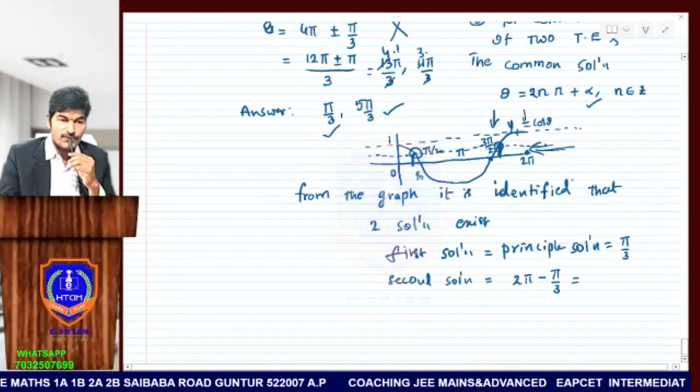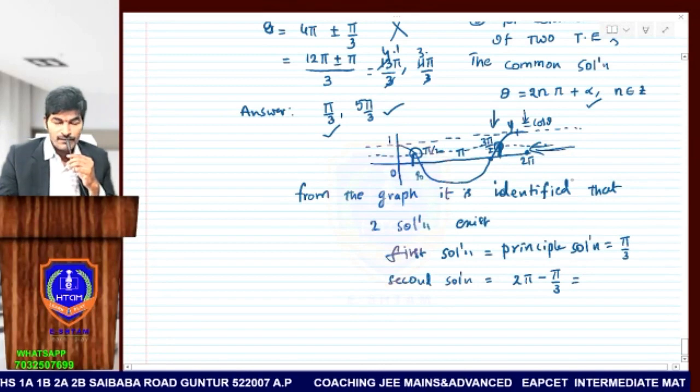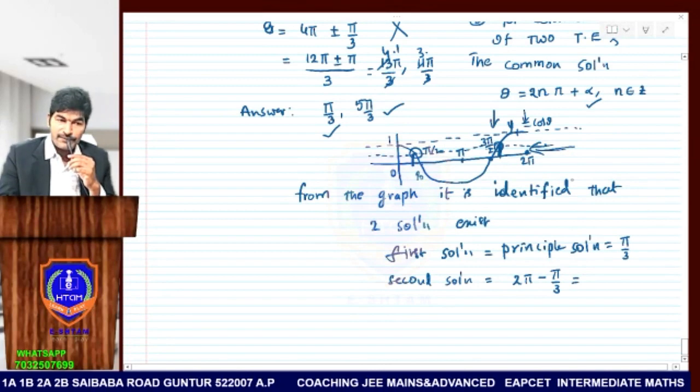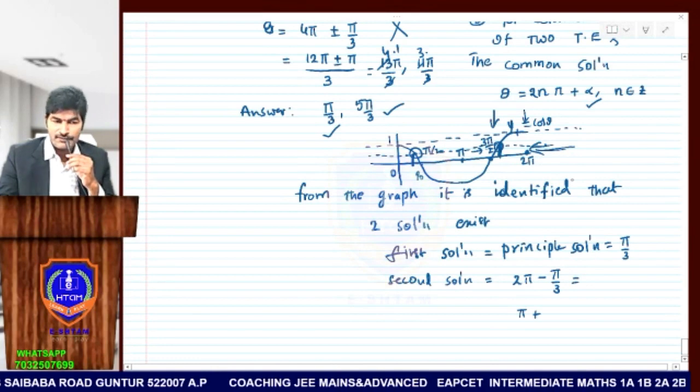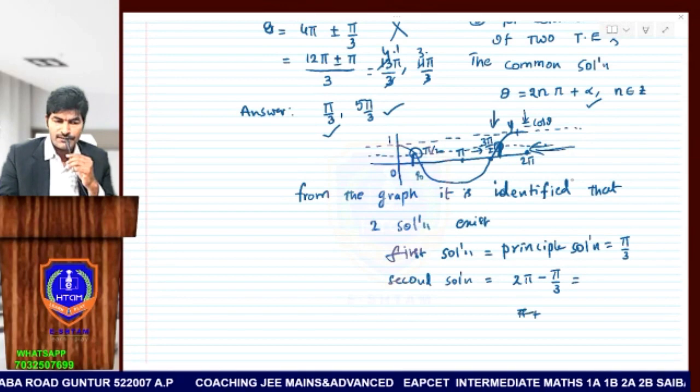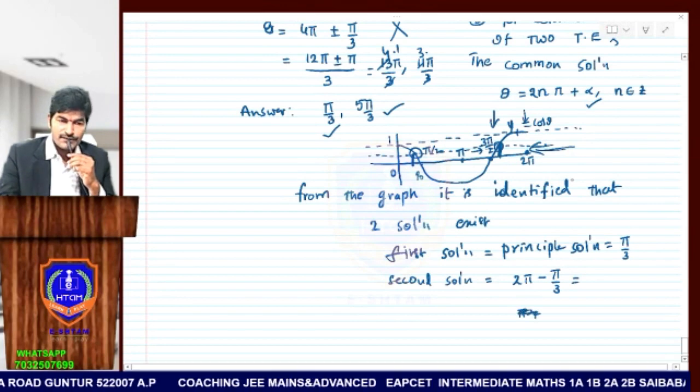It was below 2 pi. This is 2 pi, and this is below 2 pi. Or above pi, it will be more than 3 pi by 2. Leave this solution. Do 2 pi minus pi by 3.